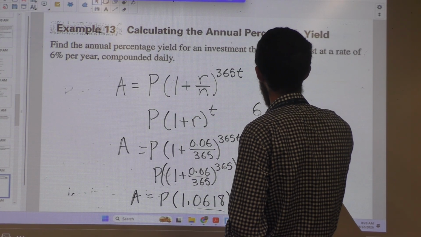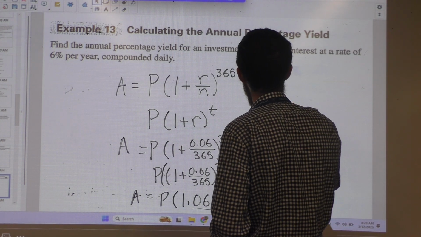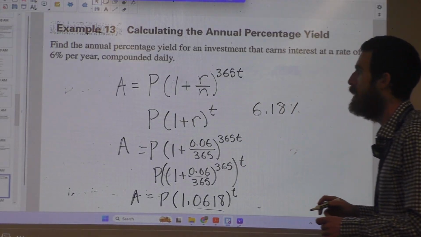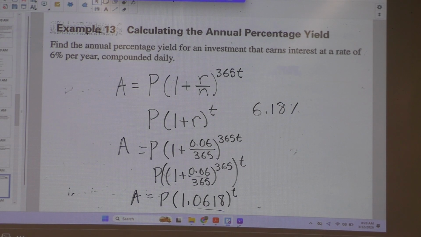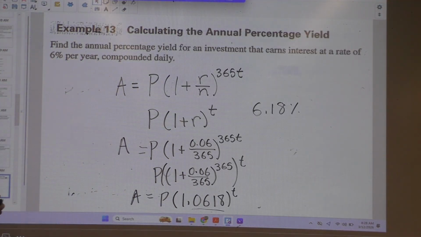The annual yield is a little bit of a different thing. It's how much more you would get by the end of the year. And since the amount you have in your account goes up every year, you actually end up getting a little bit more than 6% by the end of the year. And that's what we see, 6.18.